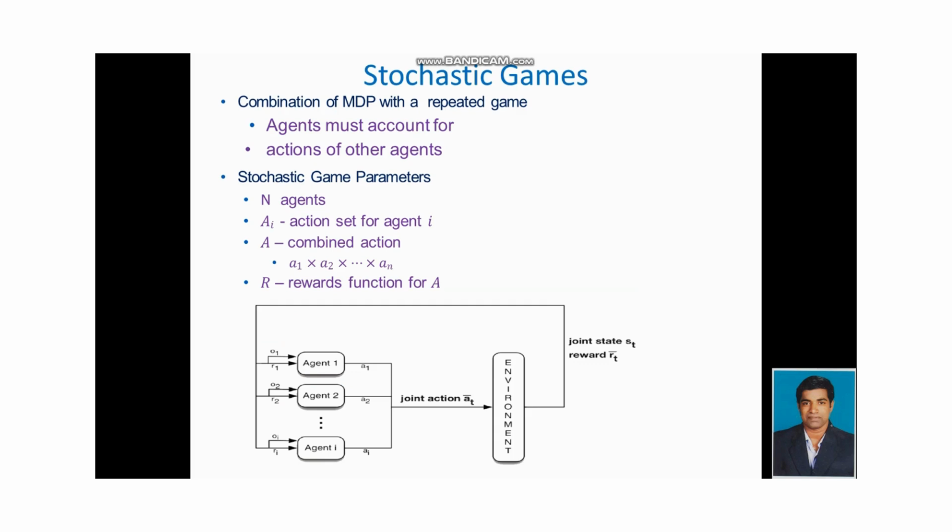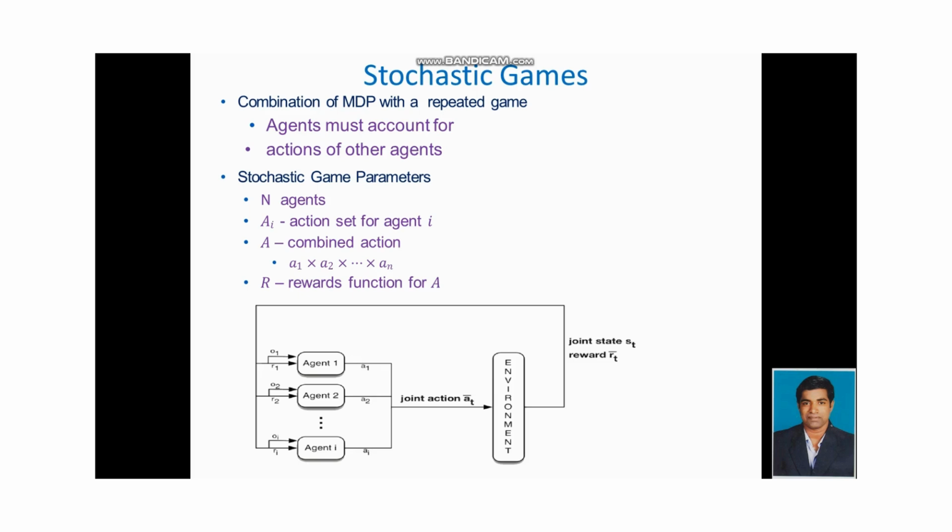Ai is the action set for agent i, and A is the combined action, A1 cross A2 dot dot dot cross An. R is the reward function for a combined action A.